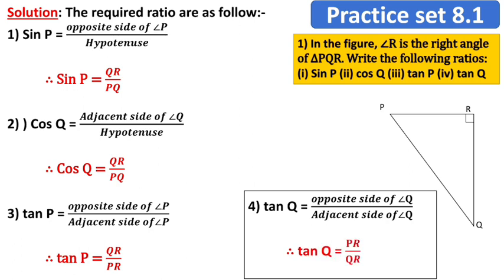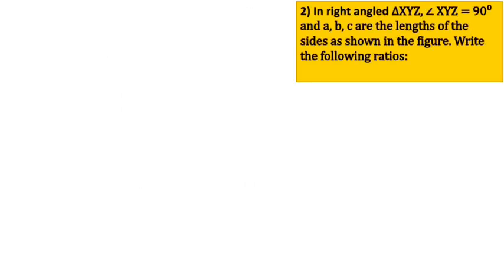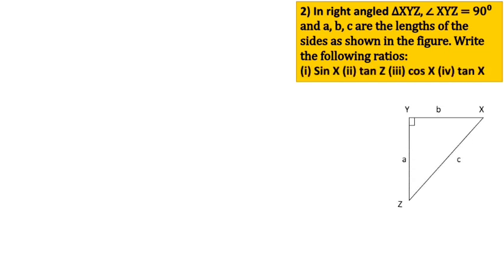I hope you have understood question number 1. In the same way, now we will start the second sum. Question number 2 is given. In the right angle triangle XYZ, angle Y is given as 90 degrees, and a, b, c are the lengths of the sides as shown in the figure.